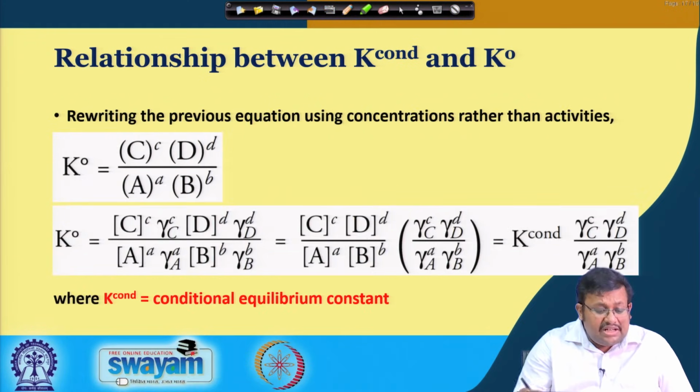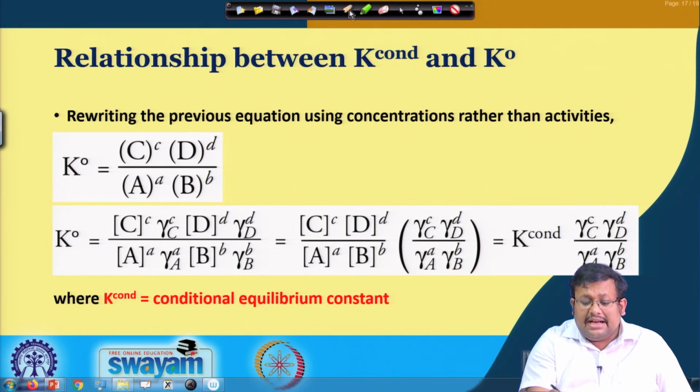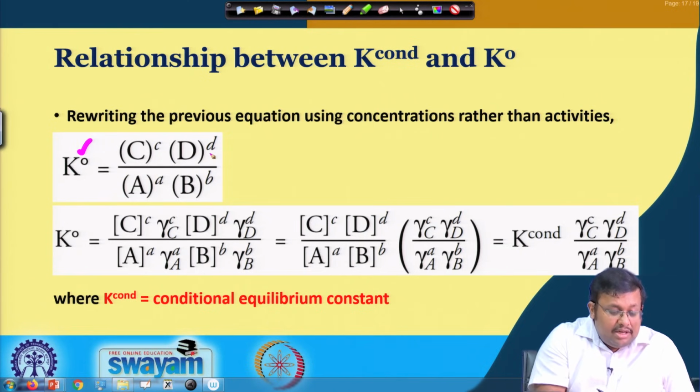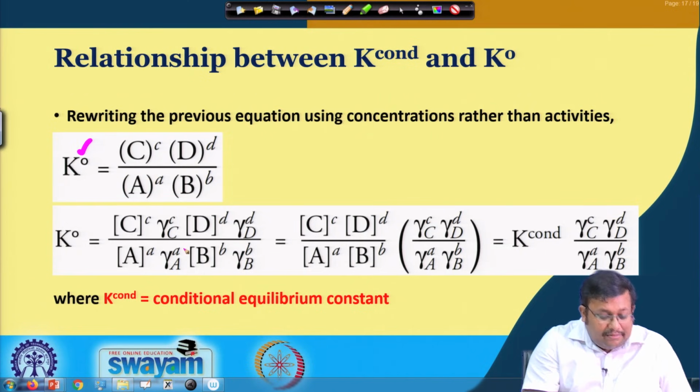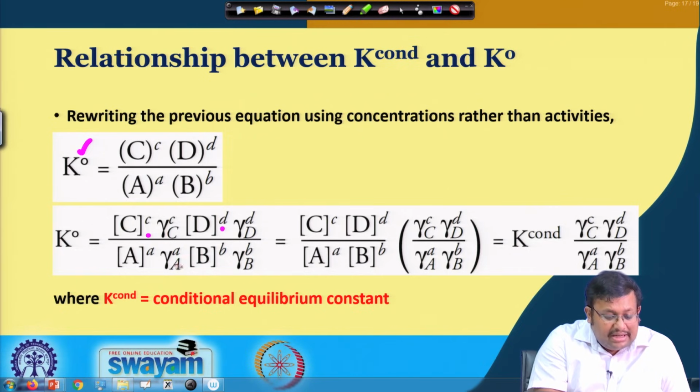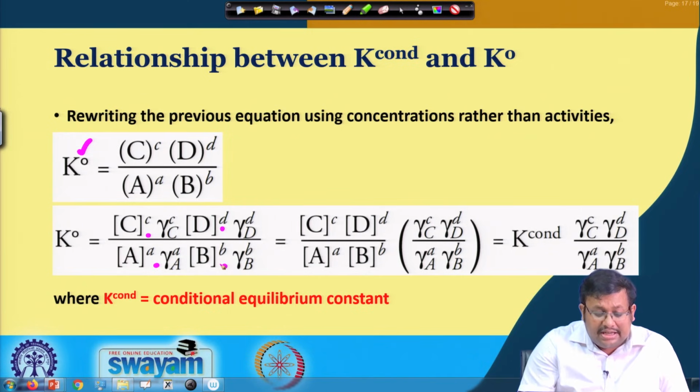So, rewriting the previous equation using concentration rather than activities, we can express each activity as the concentration multiplied by the activity coefficient, and from there we can simplify.